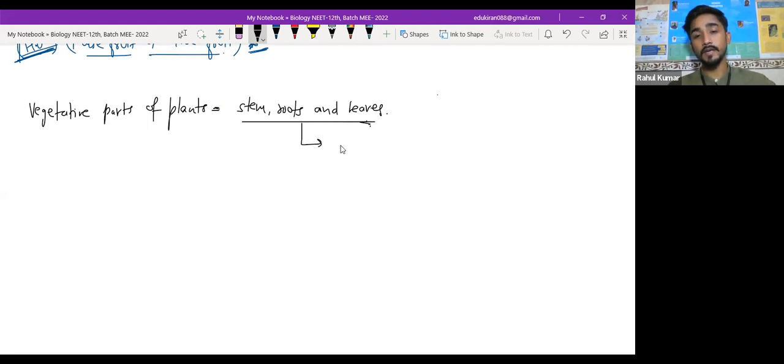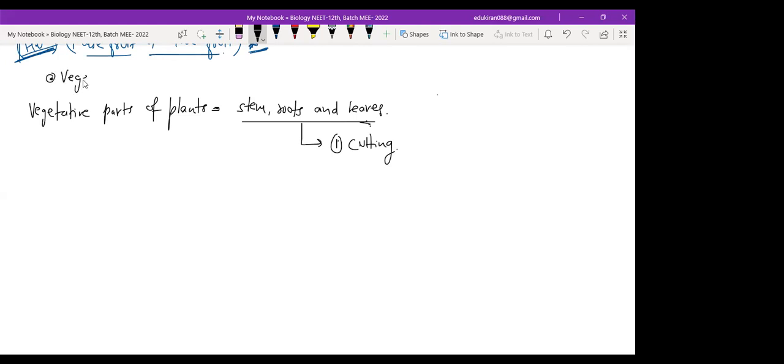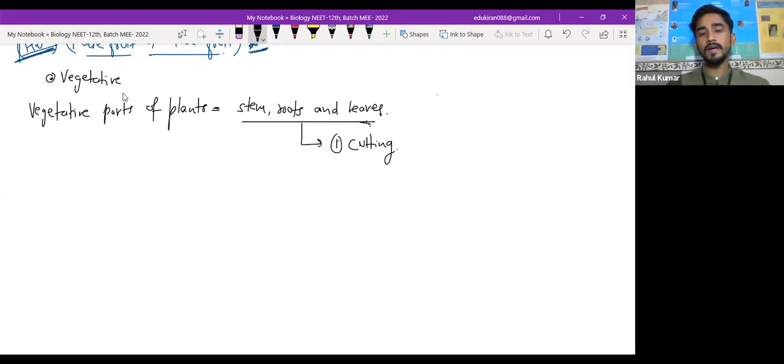So in vegetative propagation, there are methods that you may have studied. For example, cutting. You cut the stem of a plant and put it in the soil, and it just grows, like a rose. You've seen gardeners growing roses? Rose plants can be propagated without seeds.